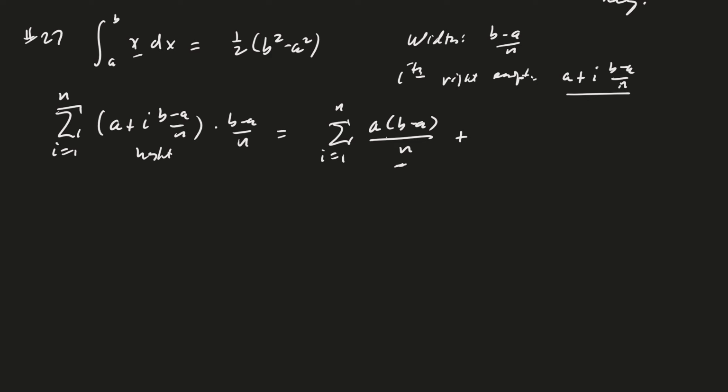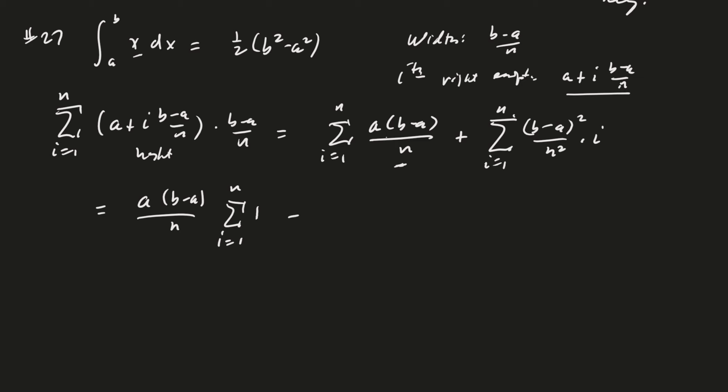I'll go ahead and bring in the sum too. The sum, i equals 1 to n of b minus a squared over n squared times i. Good. And so now let's deal with this algebraically before we go any further. So this first term is going to be a times b minus a over n times the sum of 1, right?